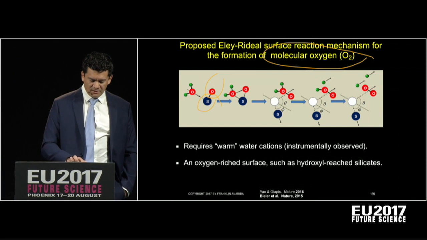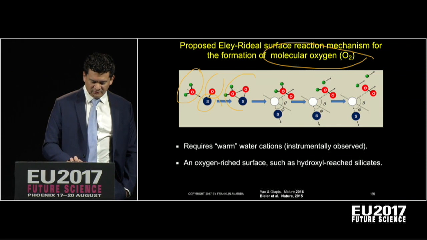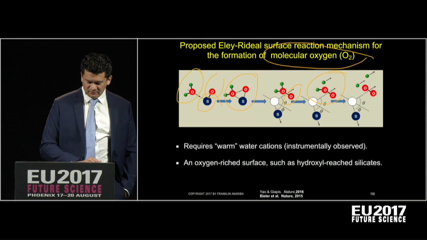And so we have an incoming water ion again, which interacts, okay, with the surface, extracts the oxygen, okay, and eventually you get a subsequent reaction that gives you molecular oxygen.